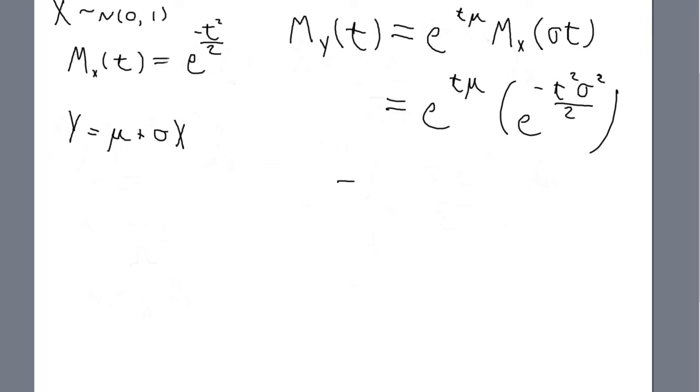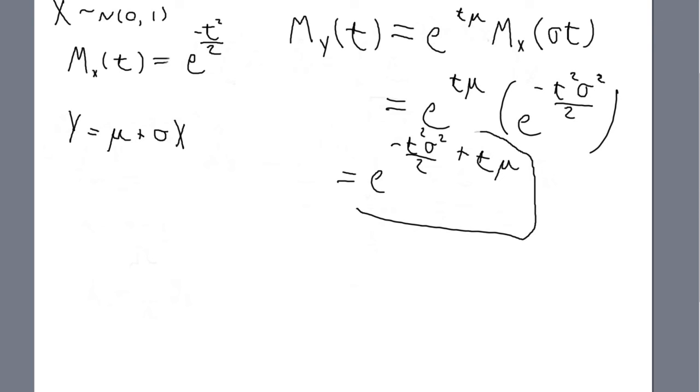That's equal to this, and this is the moment generating function of a generic normal distribution. So this is an alternative way to derive the moment generating function for a normal distribution.